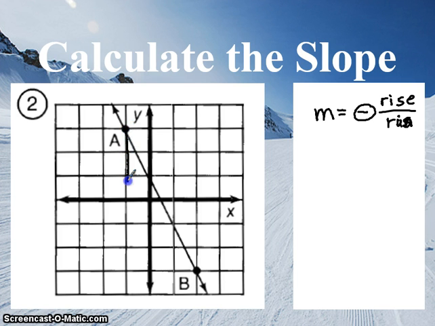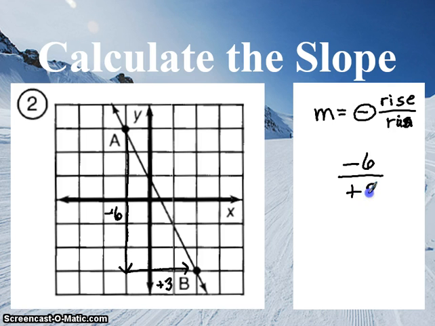No, we're going to have to fall. So this is where we're going to get our negative value. We're going down 1, 2, 3, 4, 5, 6. We went down 6. So the rise is negative 6, and the run is to the right, so that's positive, and it's 1, 2, 3 numbers, so 3.